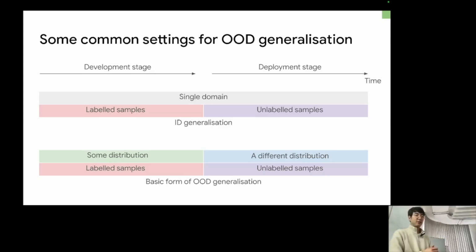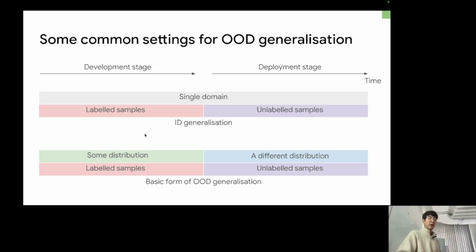So we have two stages again, development and deployment. I'm going to write down the available resources during development and the given resources during deployment. The upper bar is telling you what's the distribution, what's the domain where the samples are coming from.